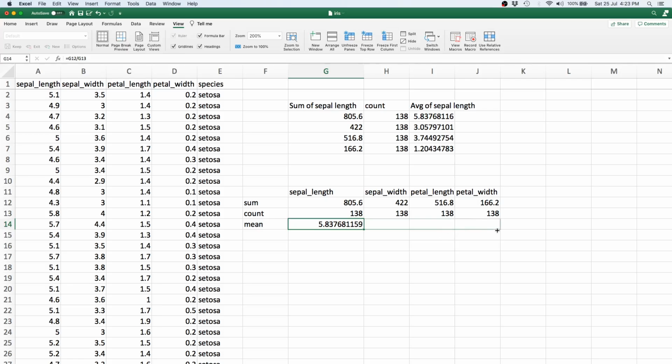So when I do that, it basically drags to give me the same values as here. So you see, this is basically H12 divided by H13. This is I12 divided by I13, and this is J12 divided by J13. So basically these are my means, and I can very easily calculate them just by filling in one formula and then expanding it to fill all the columns of interest.